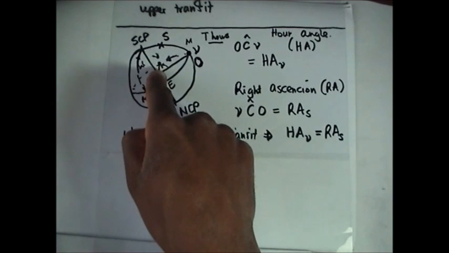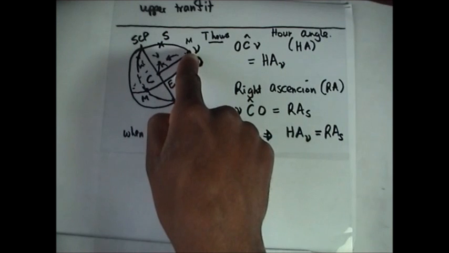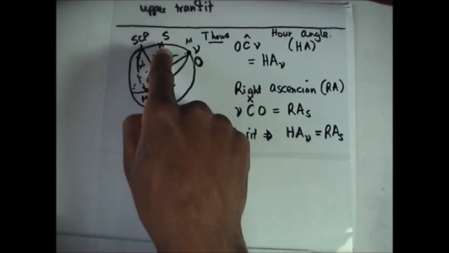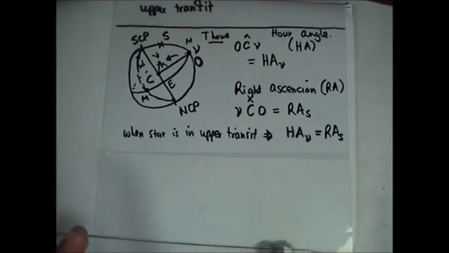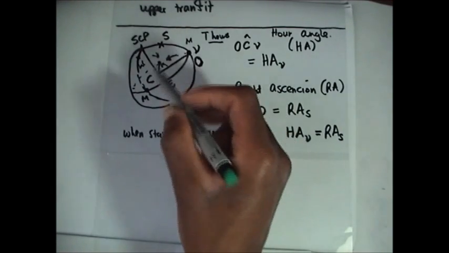In this case, on the sidereal clock, we are measuring how far V is from upper transit. We say T hours. But the star now in upper transit is this star S. So the sidereal time of this particular star is T, because that is the time given by the sidereal clock.